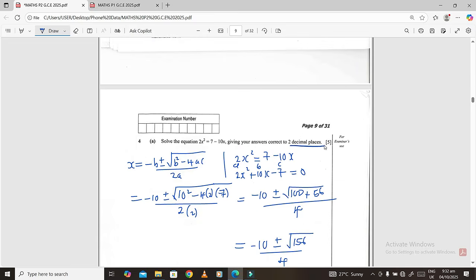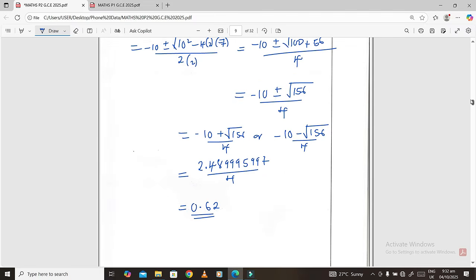They have said 2 decimal places. So your answer must be left in 2 decimal places, and this is what we've gotten. So for the other solution, we say equal to negative 10 minus square root over 156. This one is giving us a negative 22.4899996. Divide by 4. So when we divide by 4, this one will be negative 5.62. So these are the two solutions.